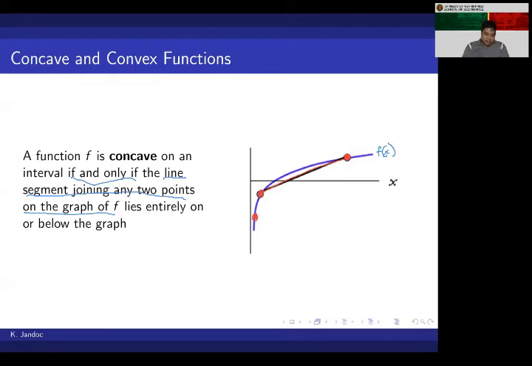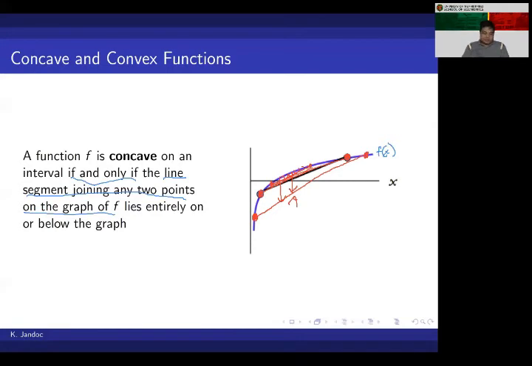Another line segment would be joining, for example, these 2 points. Notice that this line segment is below the graph. Another one would be this, and say this. Join those points with the line. Notice that this line segment is also below the graph. So if you have a function and you see the graph, arbitrarily pick any 2 points and connect them by a line.